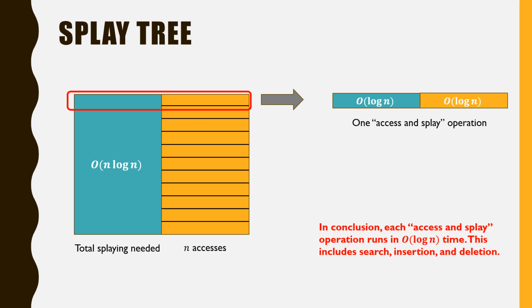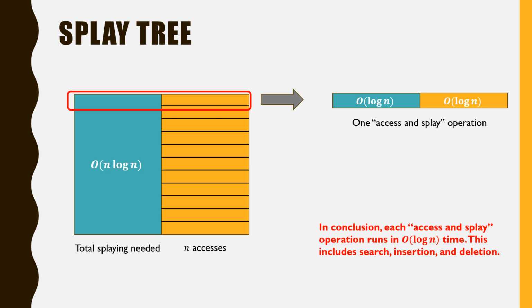Therefore, the access and splay parts must relate linearly in a single access and splay operation. As a result, each access and splay operation, whether it involves search, insertion, or deletion, runs in O(log n) time.